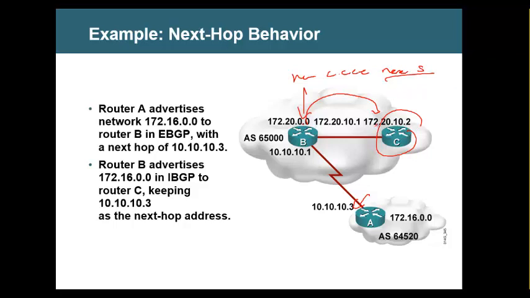When you do that, router C will receive the next hop 172.20.10.1, which is reachable from C. As a result, C can use the given BGP route.